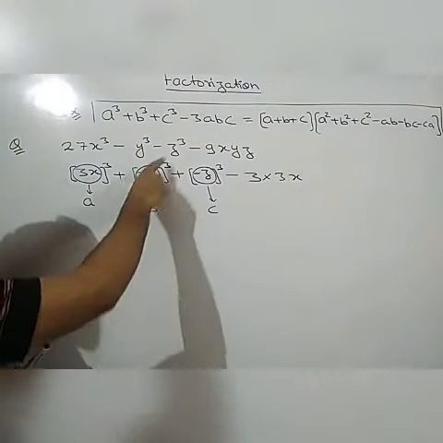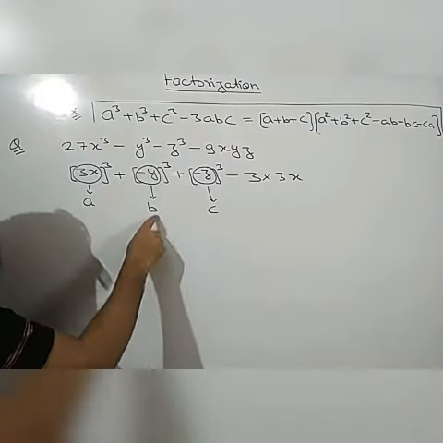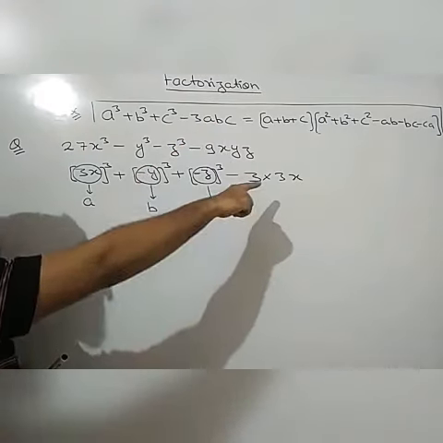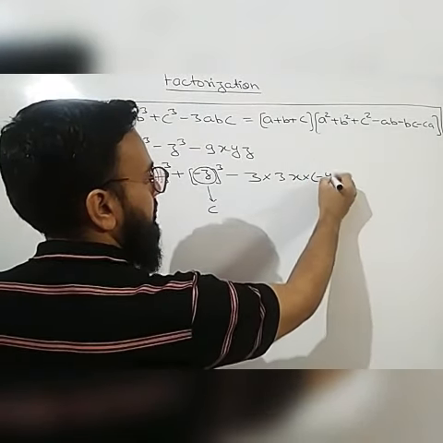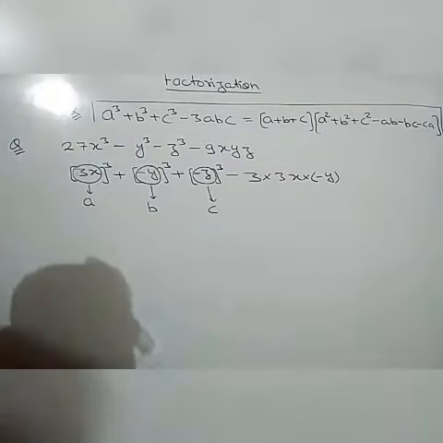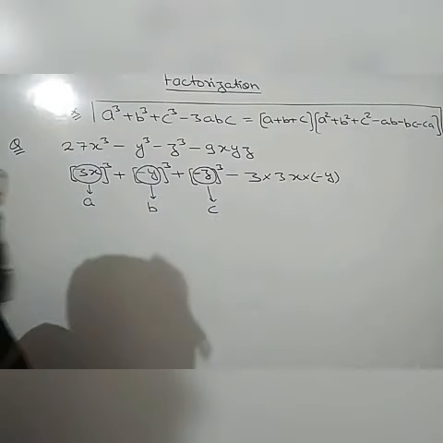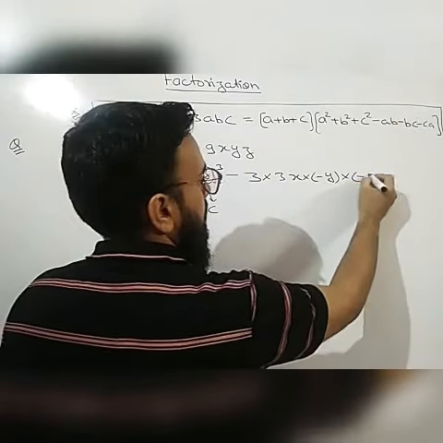Then at the place of b, what is b? B is equal to minus y, so we put into minus y. And what is c? C is equal to minus z, so we will put here into minus z.